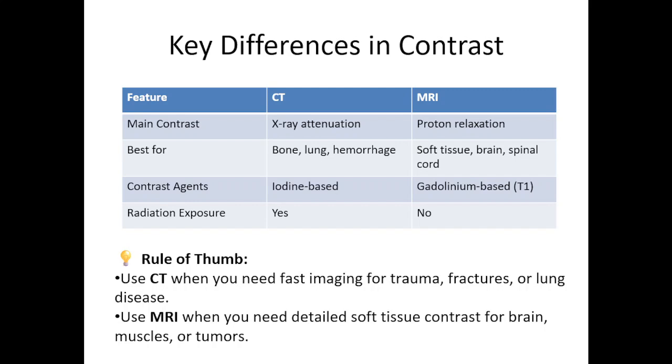A rule of thumb: use CT for fast imaging such as trauma, and it's also good for detecting fractures or lung disease. Use MRI for detailed soft tissue contrast such as brain imaging, muscle evaluation, or tumor detection.